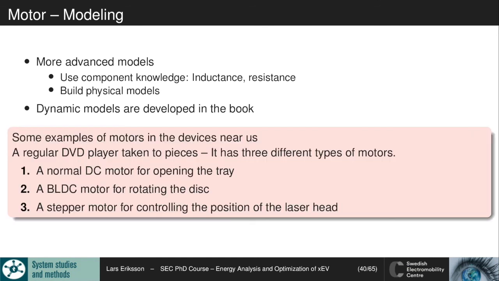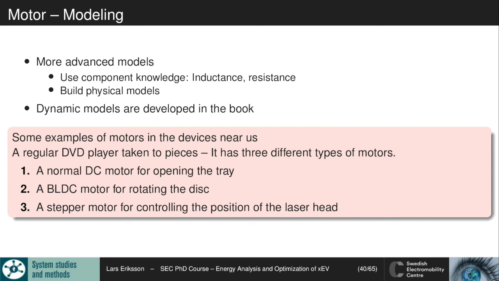And some examples of motors in devices near us: a regular DVD player, if you take it to pieces, has 3 different types of motors. It has a normal DC motor for opening and closing the tray. It has a BLDC motor for rotating the disc.